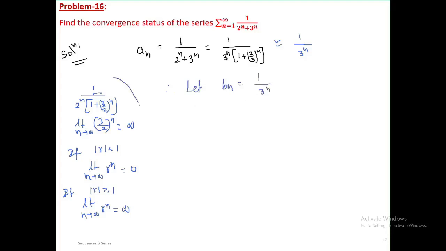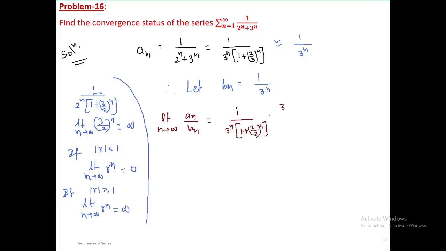Okay. So if you find the limit value, limit n tends to infinity of an by bn is supposed to be computed, right? Here you will get stuck if you take 2 power n as common. So what is an? 1 by 3 power n into 1 plus 2 by 3 whole to the power of n, into bn.